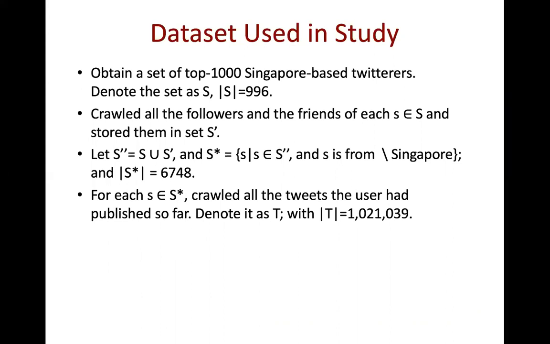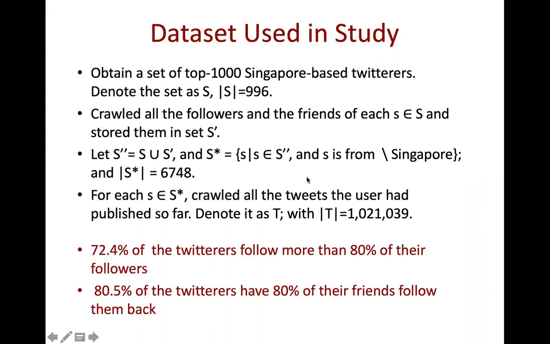They crawled all followers of these tweeters, and ended up getting 6,748 followers together with the tweeters themselves. So basically, they crawled the social graph, the hierarchy, and they also crawled the tweets that users had published so far, which was slightly more than 1 million tweets.